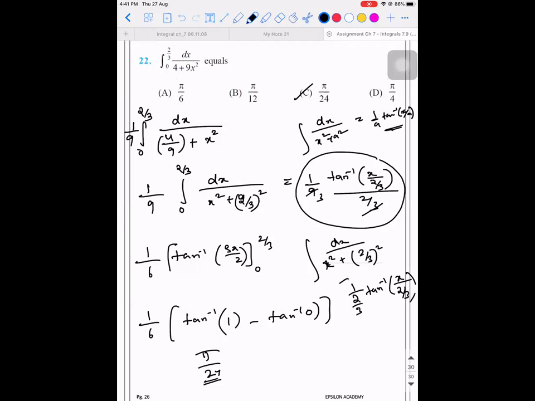Yes, sir. To all these things, I have 1 by 9 outside. Now this 3 and this will get cancelled. It will become 1 by 6 into tan inverse of this 3 will go to the numerator. It will become 3x divided by 2. Then you substitute the limits. Okay, sir. Thank you, sir. Okay.